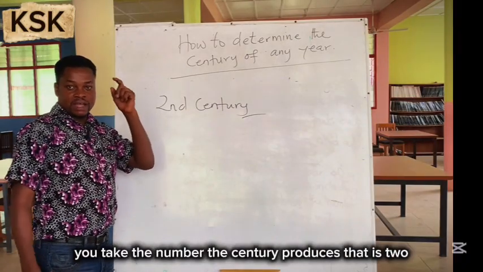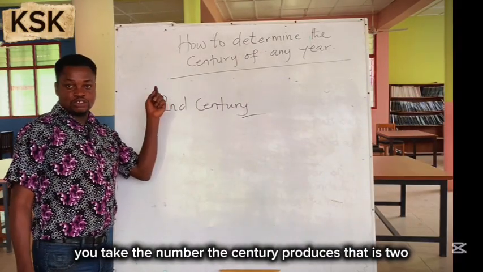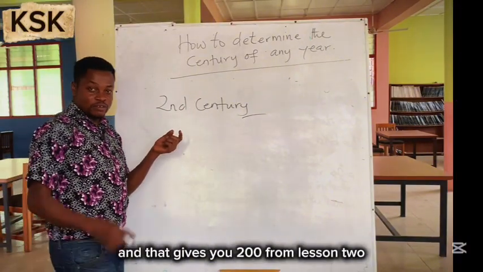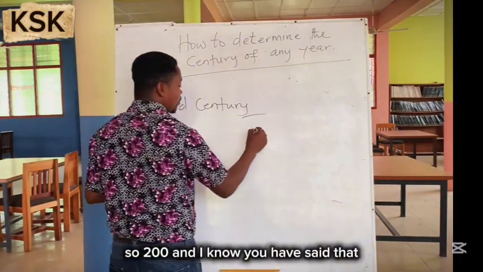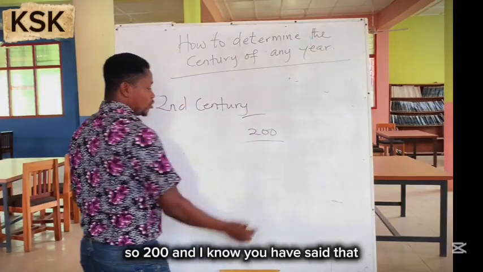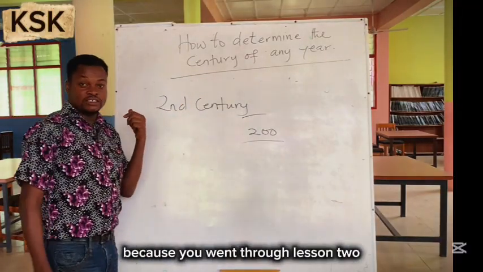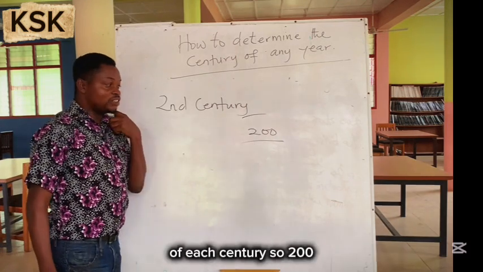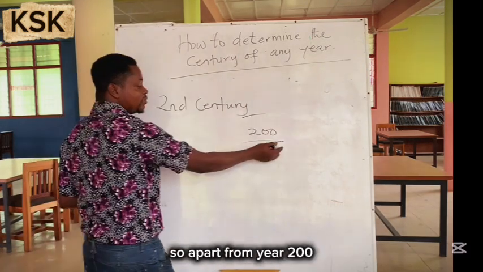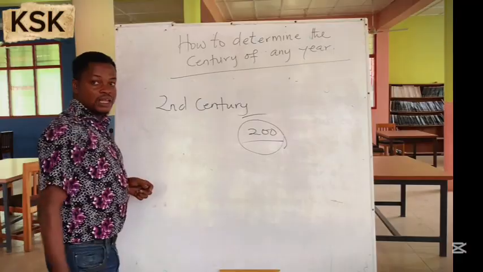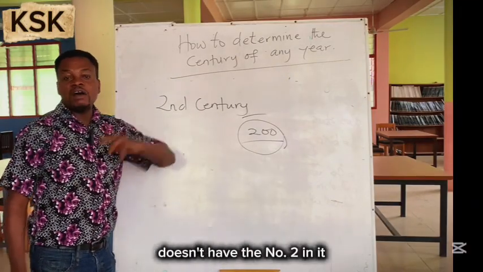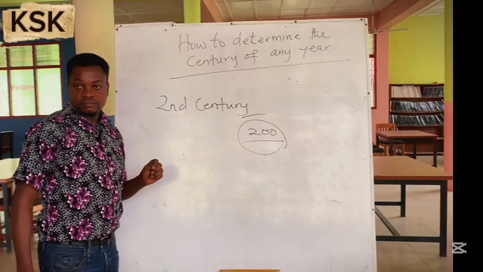You take the number the century produces, that is 2, write 2 zeros behind it, and that gives you 200, from lesson 2. I know you can say that because you went through lesson 2, and so you know how to determine the ending year of each century. So 200. Apart from year 200, any other year in the 2nd century doesn't have the number 2 in it.